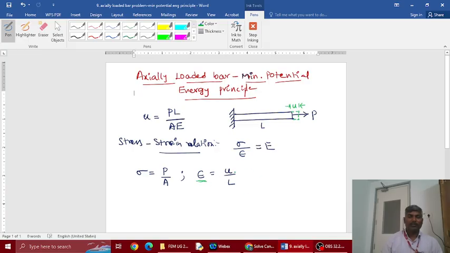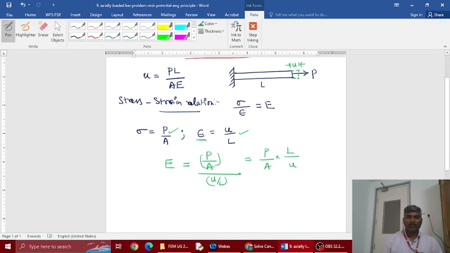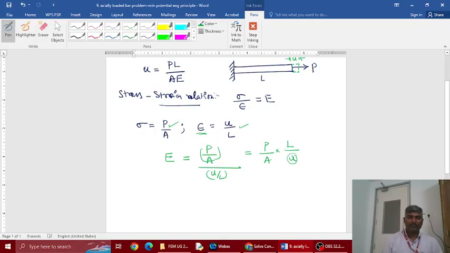Now you substitute these two in this expression of stress strain relation. So E is equal to stress, meaning load by area, divided by strain, meaning U divided by L. So it goes like this: P by A, L by U. Now what you want is the deformation value, so send U to the left hand side and E to the right hand side.